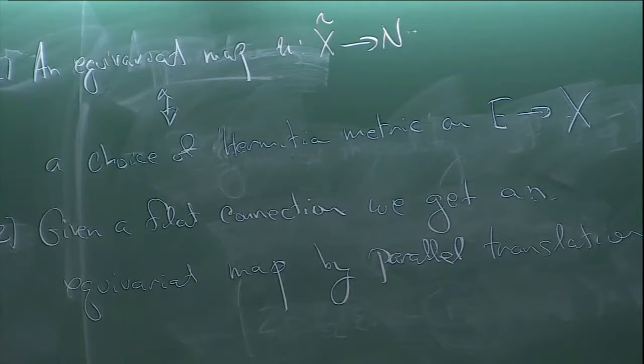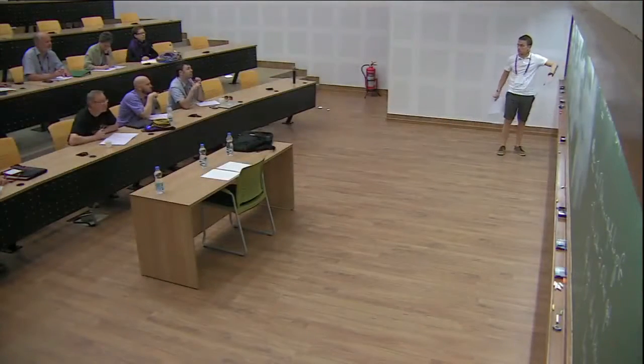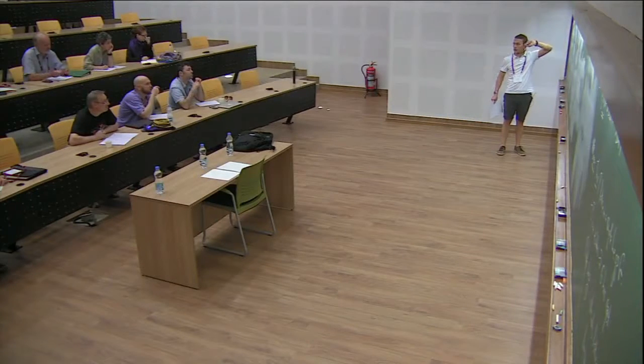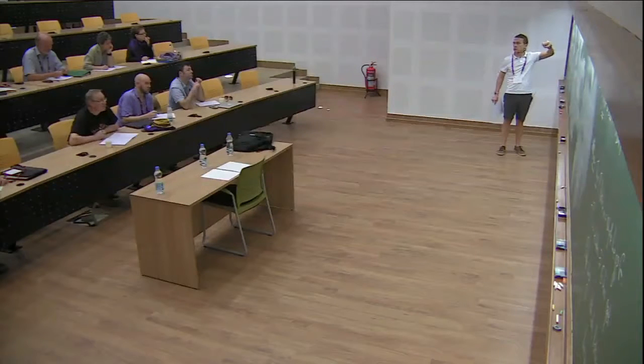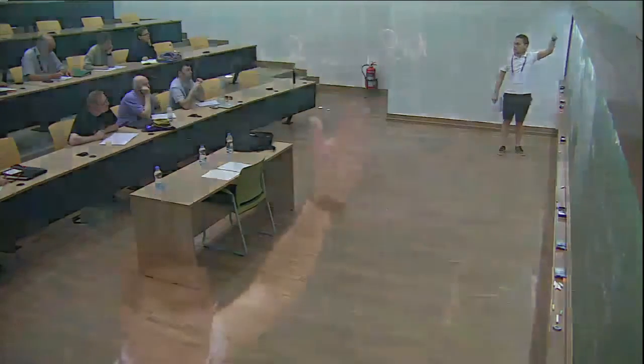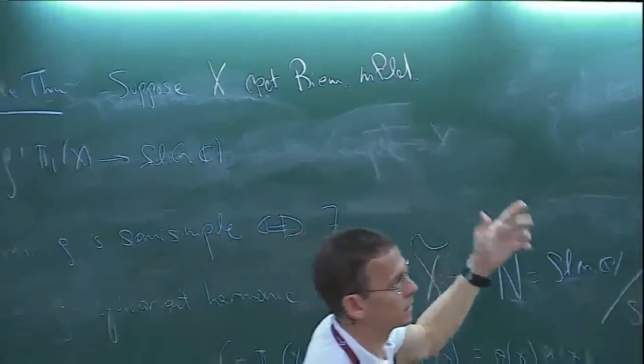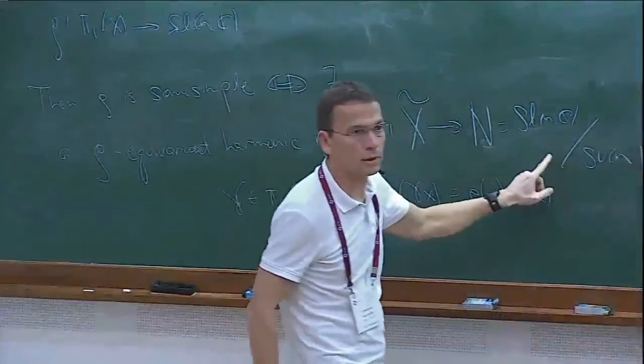If I'm saying anything confusing, stop me and I can go into more details. Basically, I've got a flat connection on the trivial bundle up here by pulling back my flat connection on X. Now I choose a base point, and I just do parallel translation of a choice of frame at that base point, and I take the inner product with respect to the standard inner product at some point. That gives me a Hermitian metric, and that's what gives me a point.